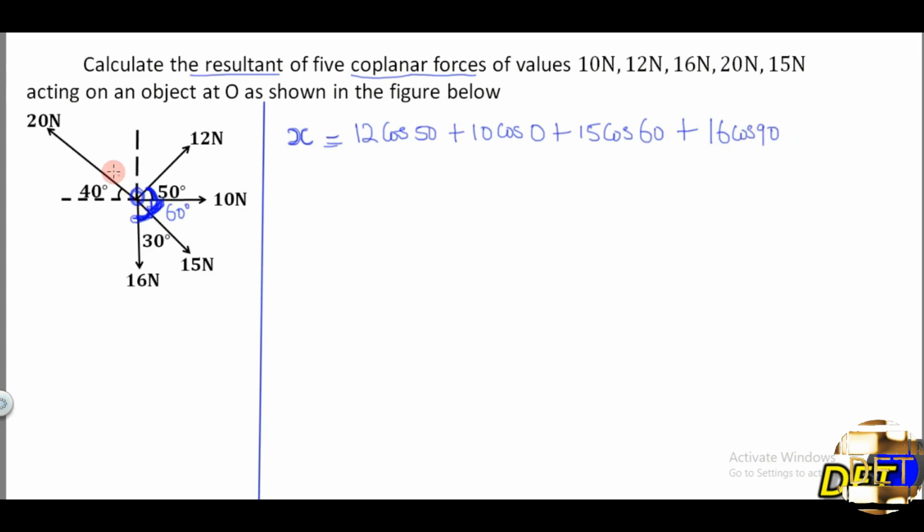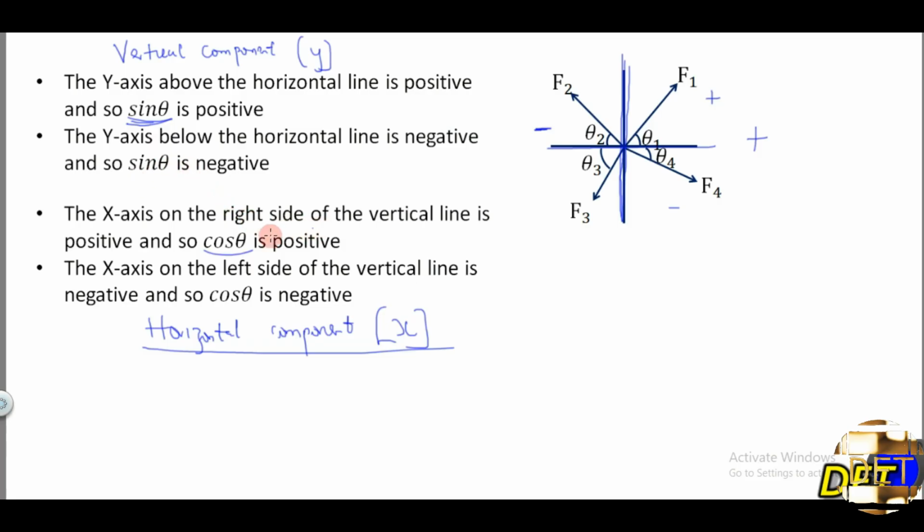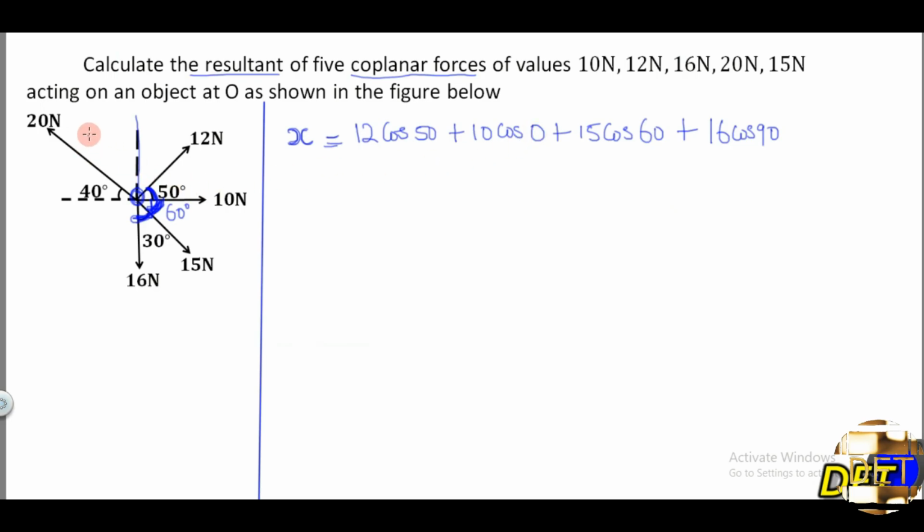So the next force that I have is 20 Newton, and it is on the left side of this vertical axis. Remember what I said: in resolving these forces to their horizontal component, anything on the left side of the vertical axis will be negative.